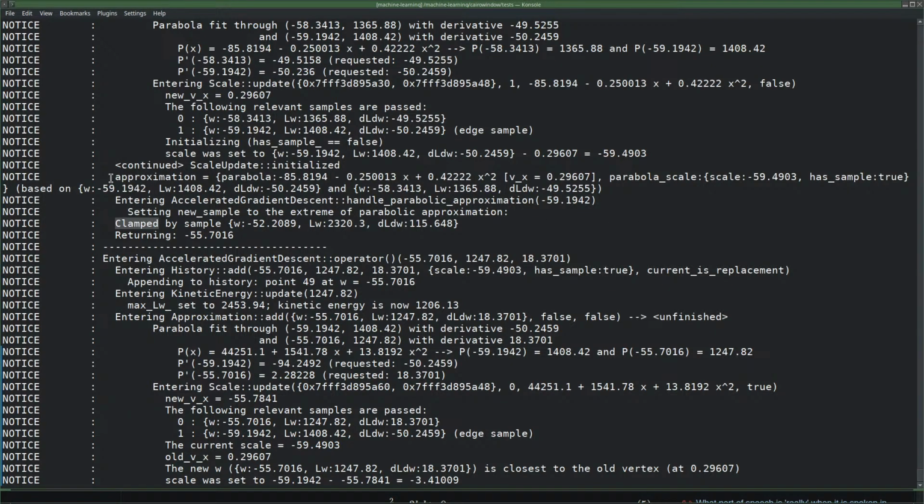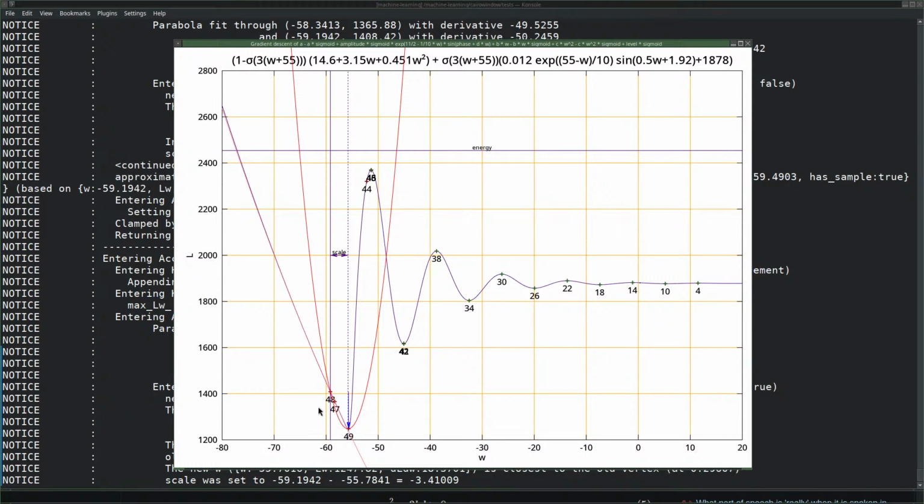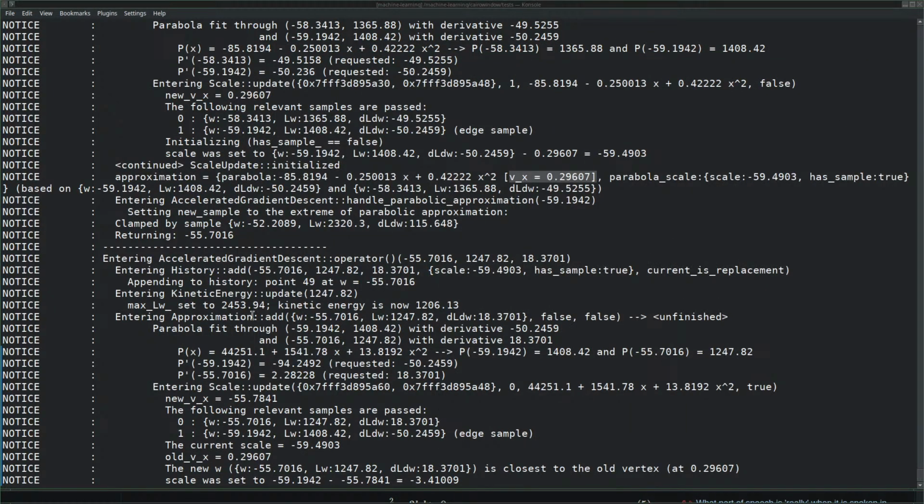Yeah, here we see the approximation now, a parabola with the vertex at 0.3. So that is definitely a parabola, this one here, where it says it's 0 somewhere here. But then it returned minus 55 instead of 0.3.